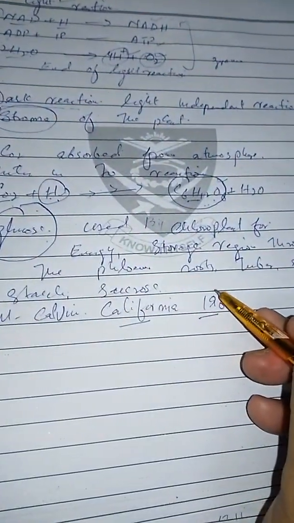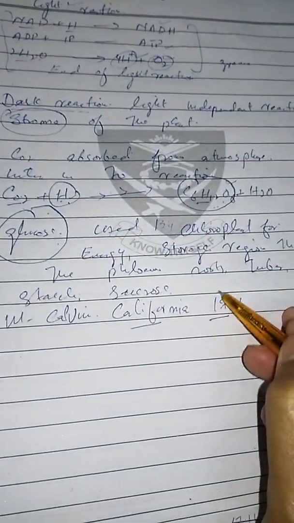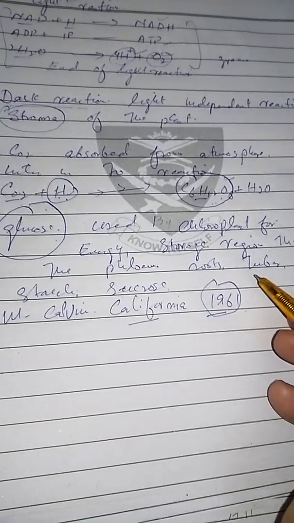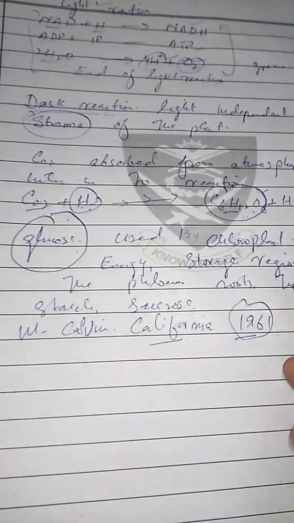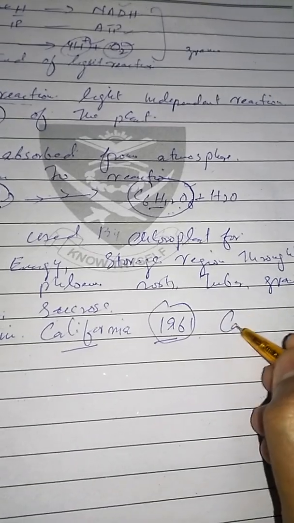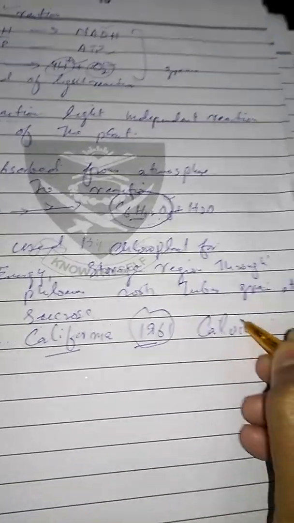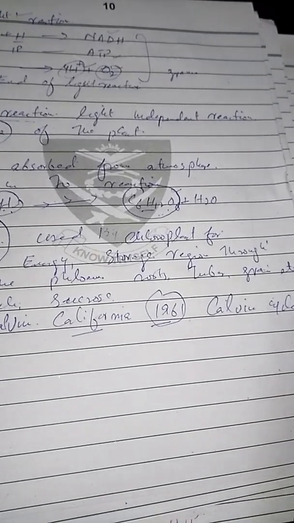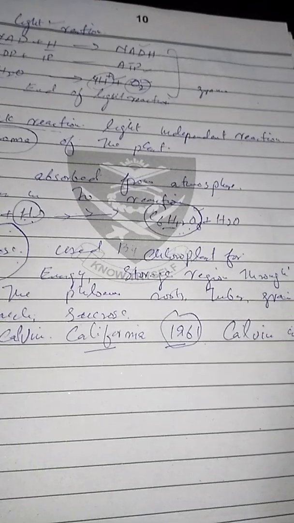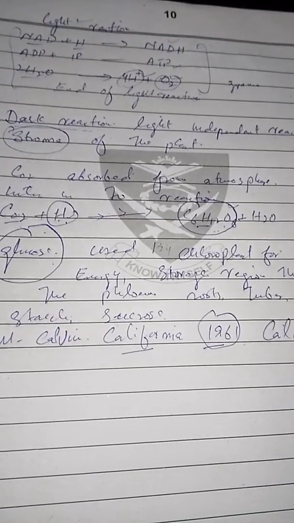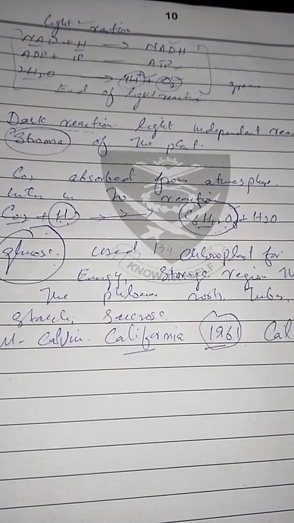So this reaction is also known as the Calvin cycle. So students, this is all about the dark reaction, and this is the end of photosynthesis up to your level.